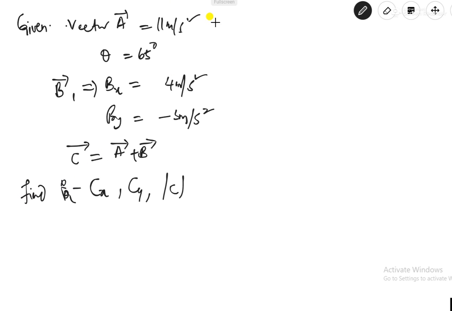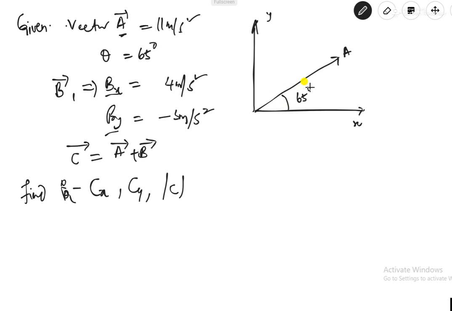Okay, these are the given values for the vectors. First in this problem, since the components of B, Bx and By, are given, similarly we will find the components of A. There is a Cartesian system, x and y, and A is at some angle. A is making 65 degrees, and the magnitude of A is 11. We have to find the components, Ax and Ay.